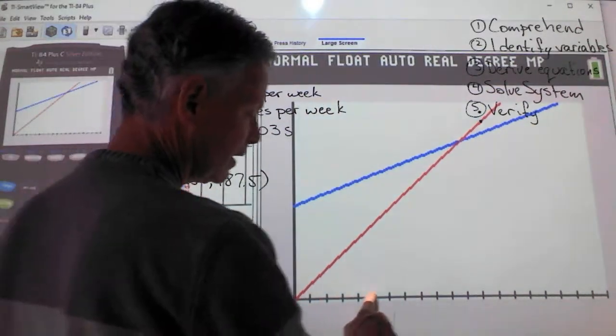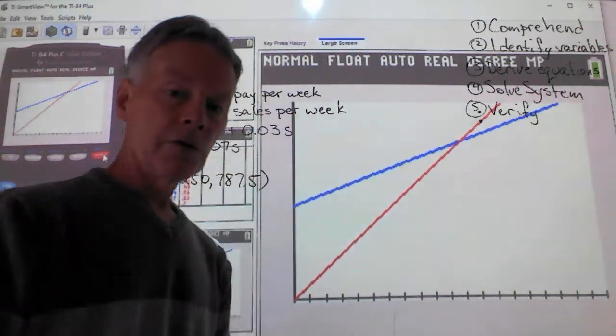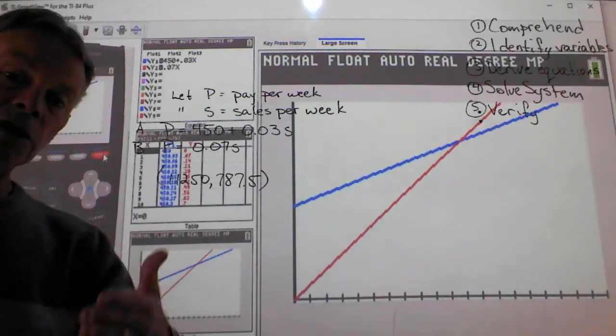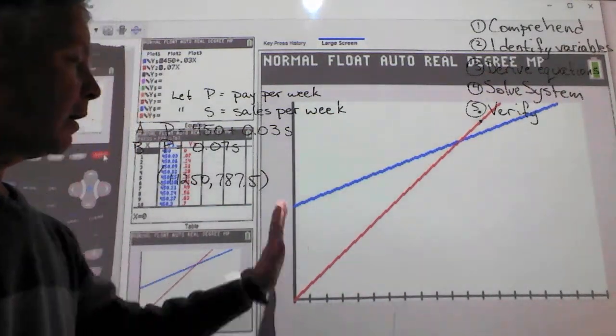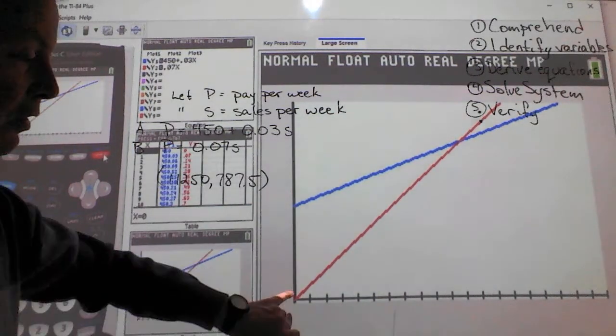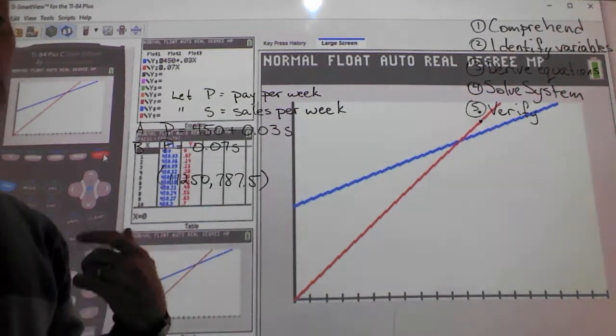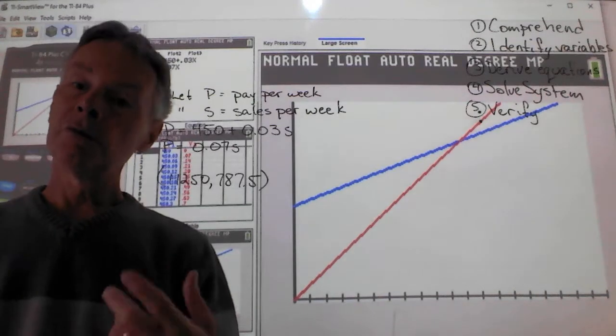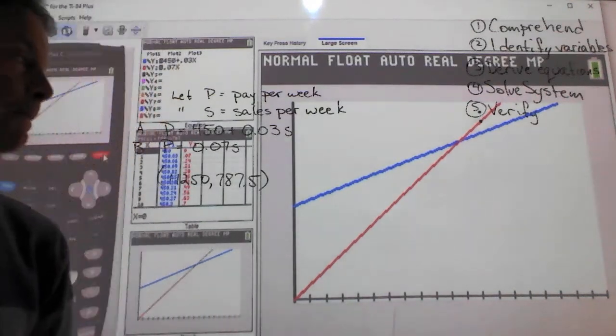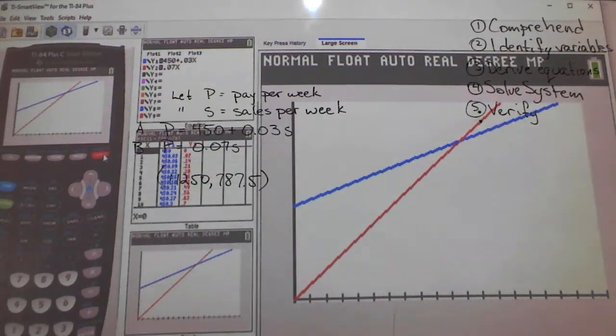There will be 20 little ticks along here, right? From 0 to 20,000, if there's a tick every 1,000. My y-axis I didn't change. Notice it just gives me a really thick line. What that tells you is the calculator's trying, but it can't do it. Okay? Anyways, there we go.